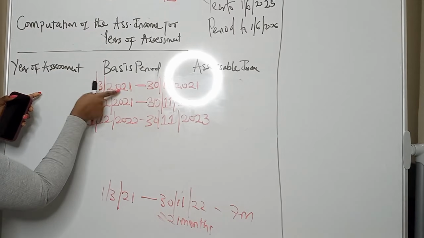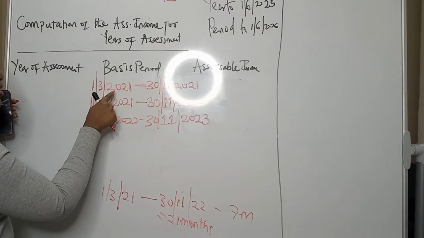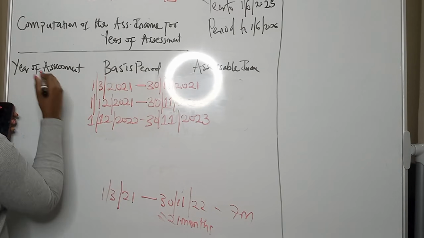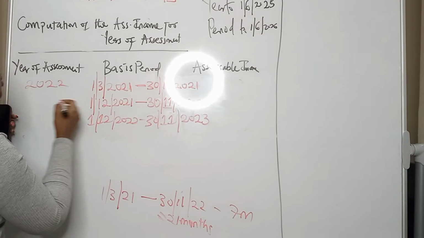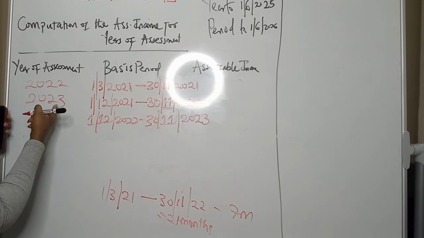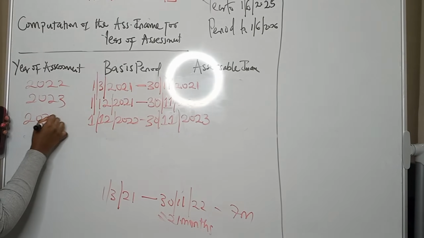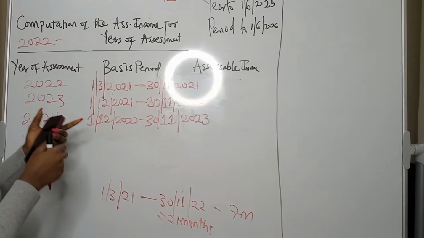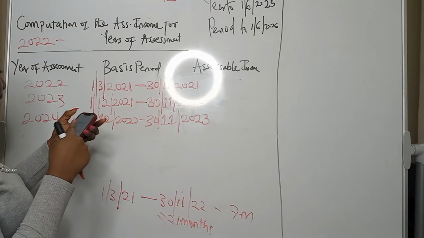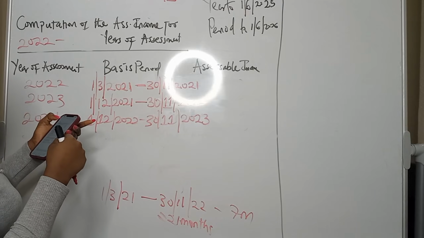But let's put our year of assessment, that is our tax year. Looking at this 2021, this is going to be what? 2022. 2021, 2022, this is going to be 2023. Of course, after 2022 is 2023, so it makes sense that this is 2024. Do we have any other information that needs us to add one more relevant year?